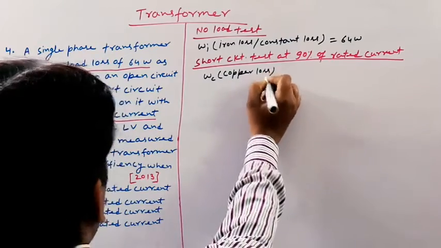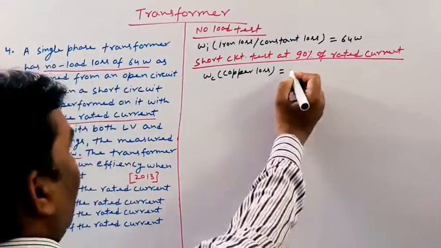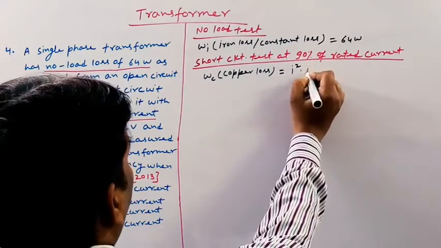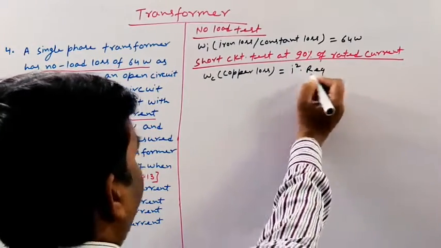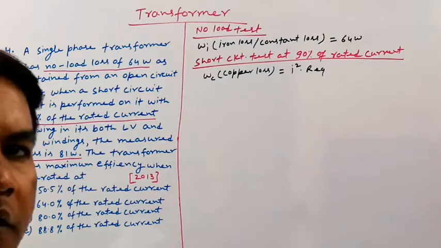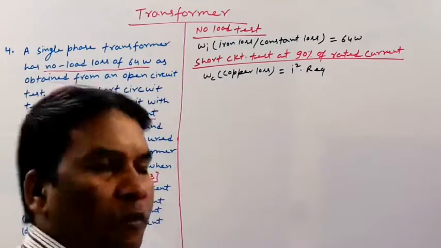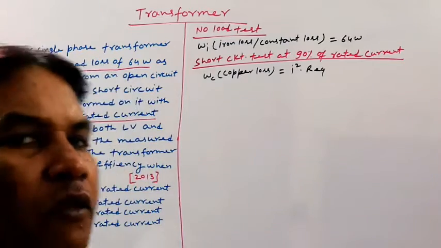It will be nothing but I square into R equivalent, where I is the current flowing in the equivalent winding, and R equivalent is the resistance of the equivalent winding.